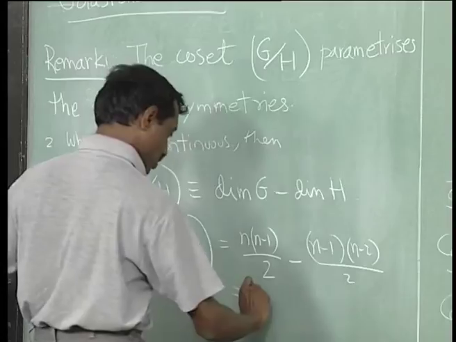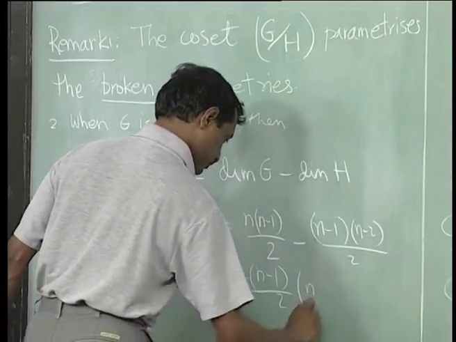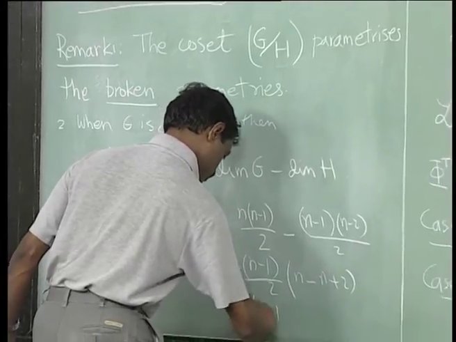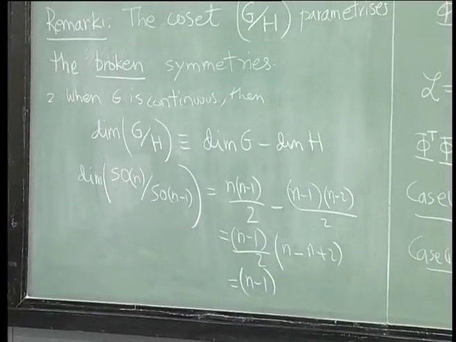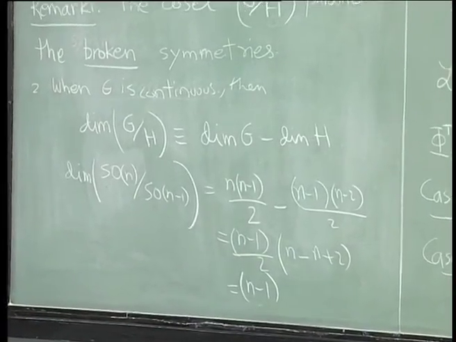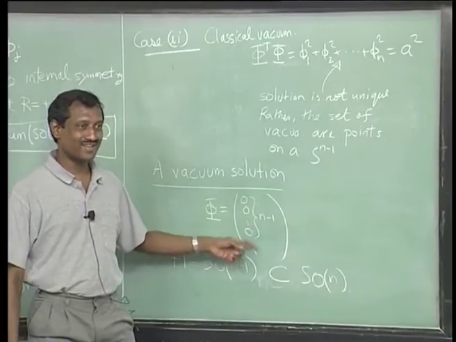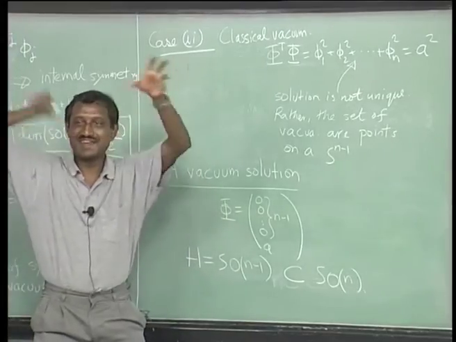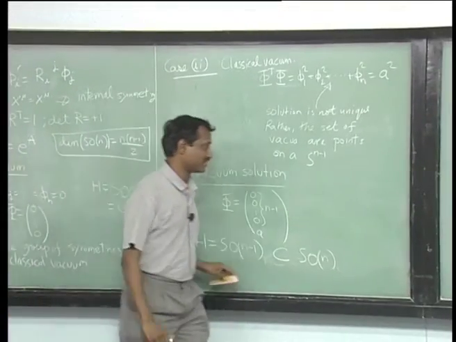I can pull out the common factor, it is n-1. And it is not unrelated to the fact that there are n-1 zeros out here. Roughly it is the set of independent directions in which you could go.